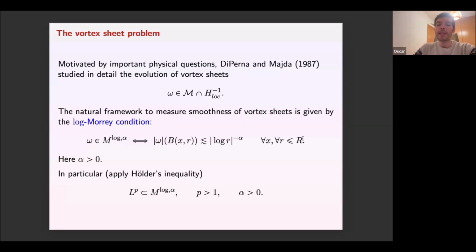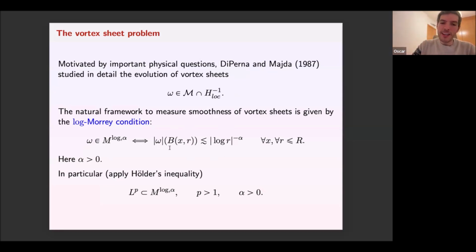Say here, capital R is fixed, say 1/2, if you wish. It's not important. Let me also mention that in the original paper by DiPerna and Majda, they call this condition decay rates of the vorticity maximal function.